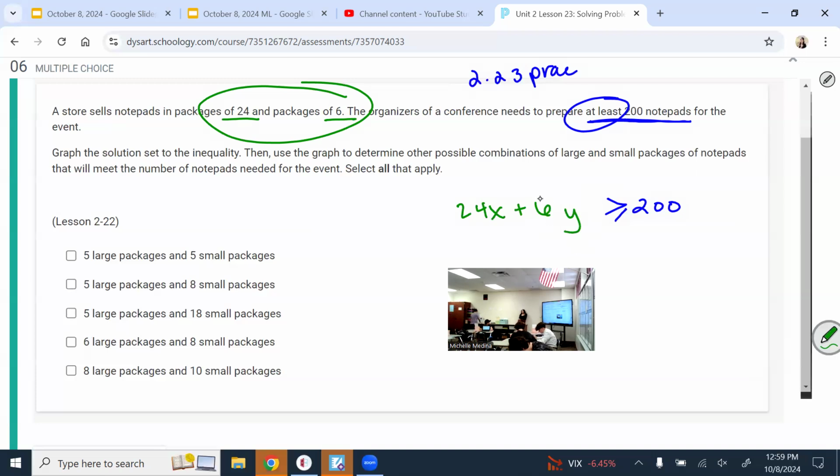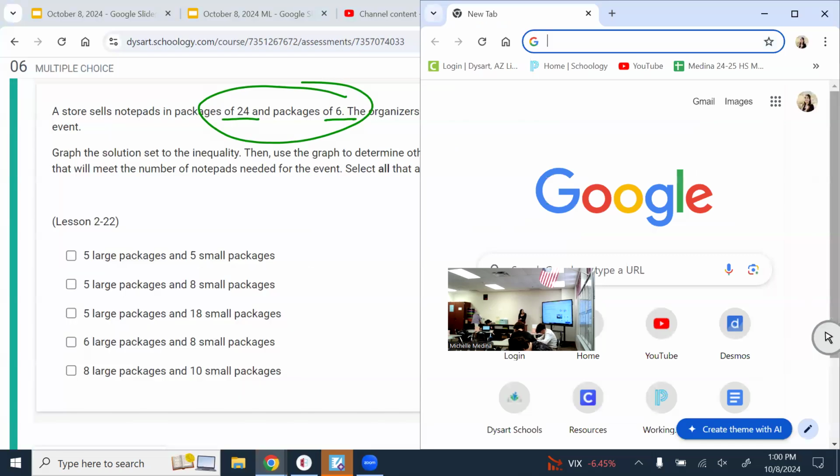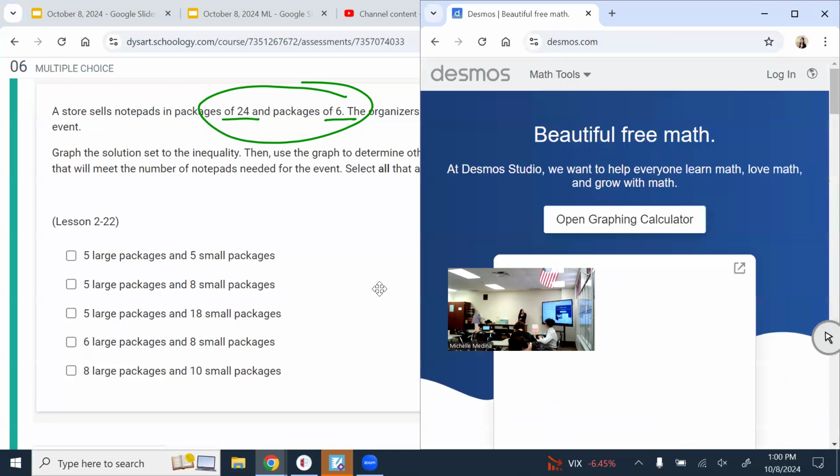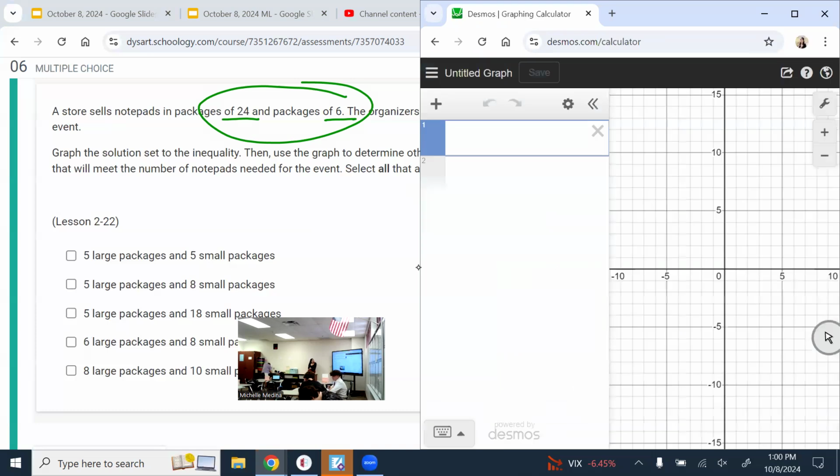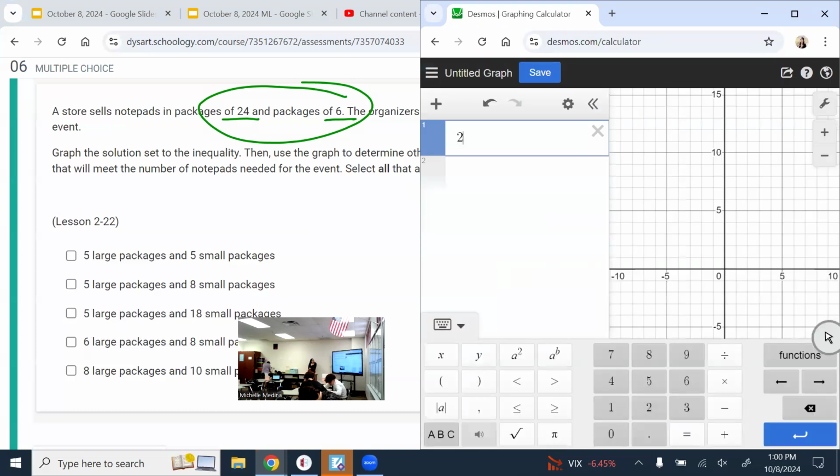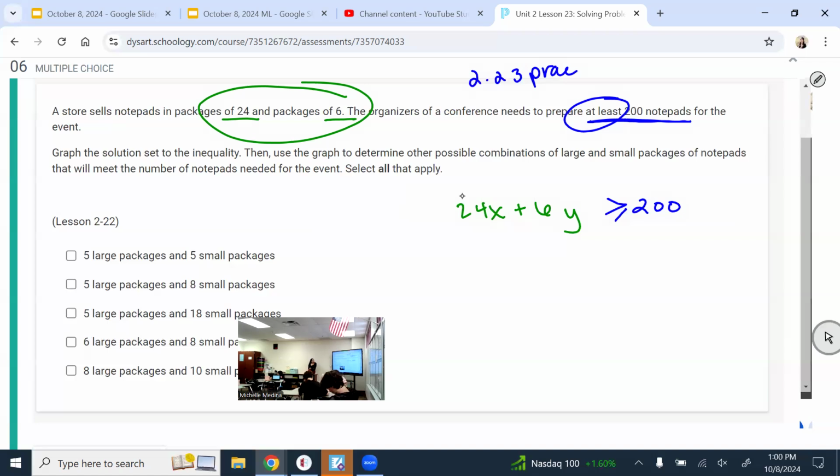Okay, great. That is something I can actually graph. And it was 24x plus 6y greater than or equal to 200. All right, so that is now graphed.